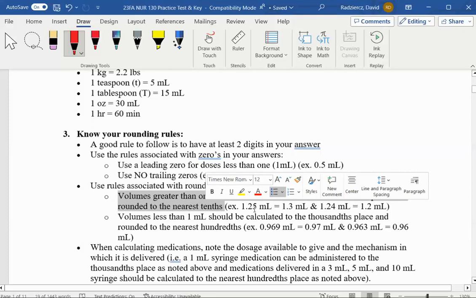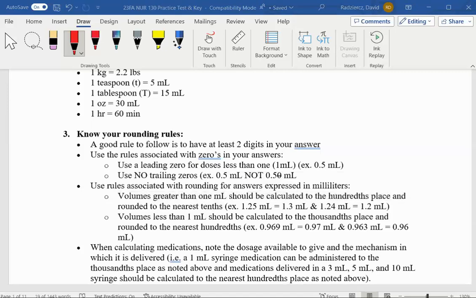You would round it. If it's 1.24, you wouldn't round it. You'd leave it at 1.2. The same thing applies for your flow rates. You still round to the nearest tenth, including your flow rates. The reason is that's what we do in what we call the CCAC math bubble.